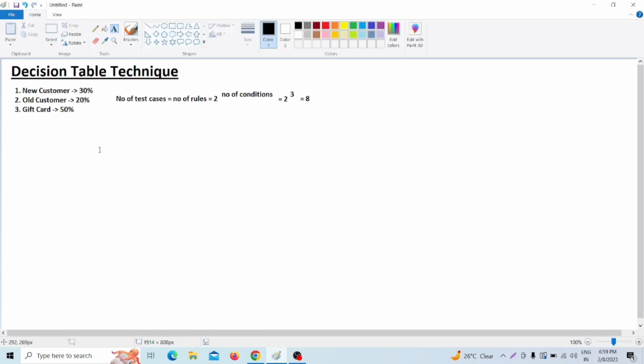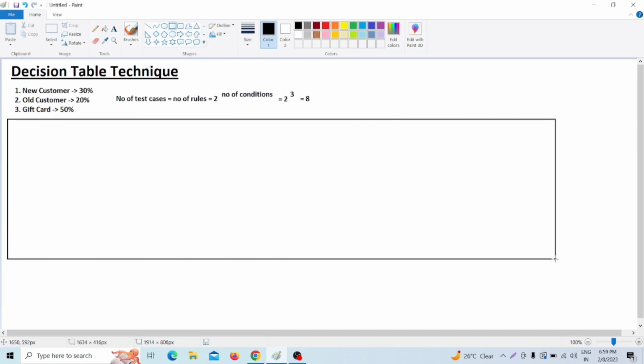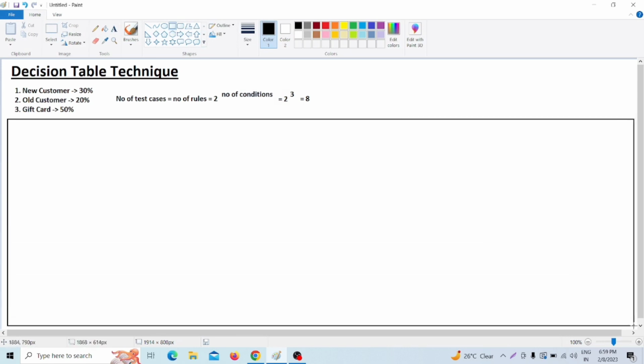Now let's draw the diagram. Suppose this is one diagram. I'm just drawing it. Just follow me. So total 8 test cases are there.